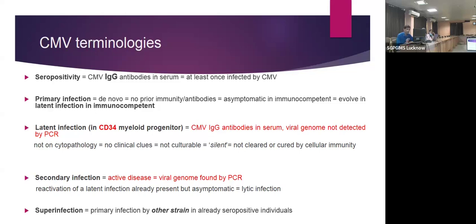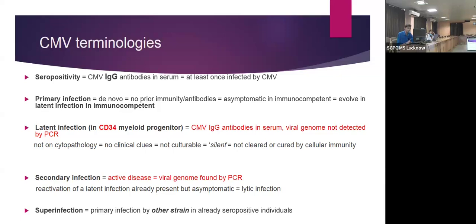It also implies that there is no prior immunity, and after this infection, the IgM is transient and IgG antibodies come into the bloodstream. Latent infection is this primary infection in the immunocompetent becoming dormant. You can't get any evidence apart from CMV IgG in the bloodstream of the individual.